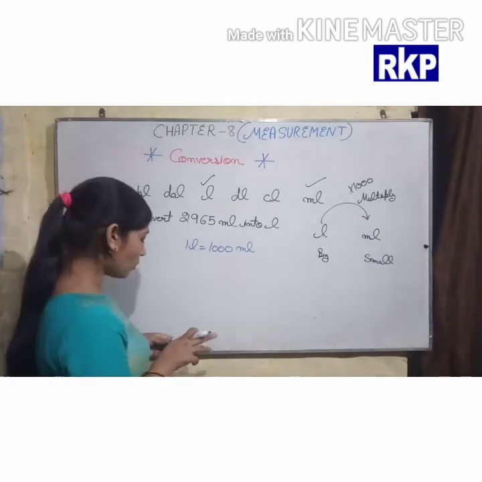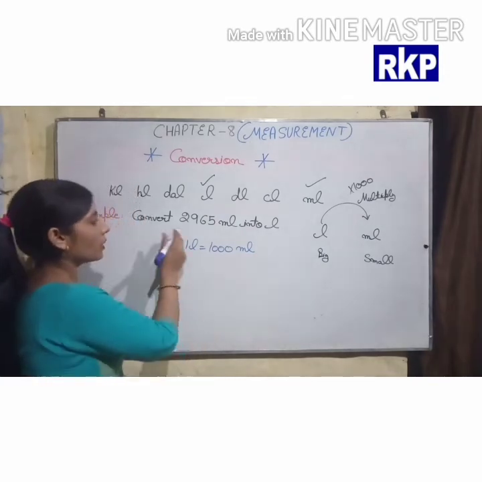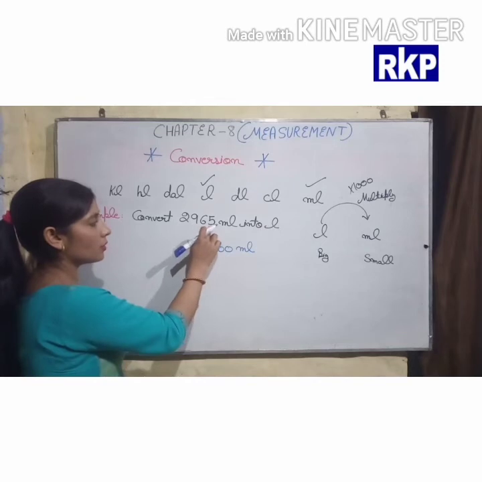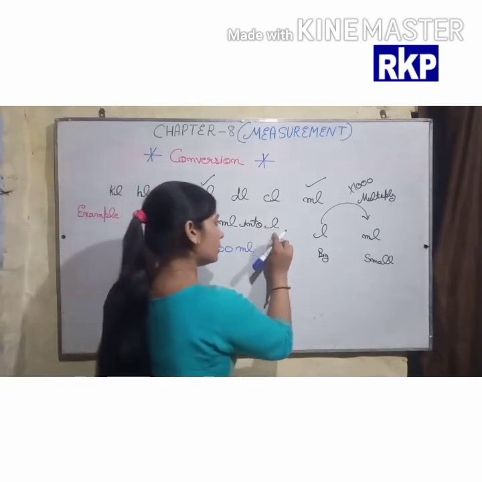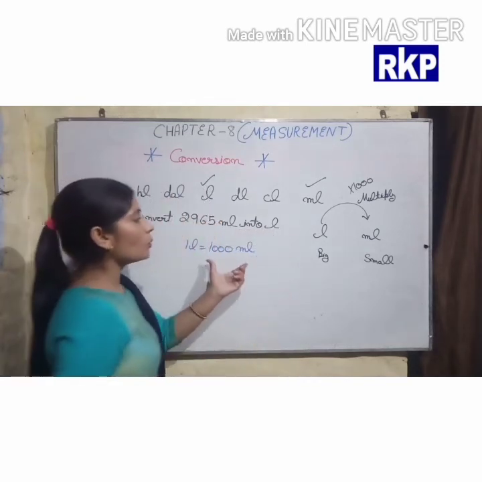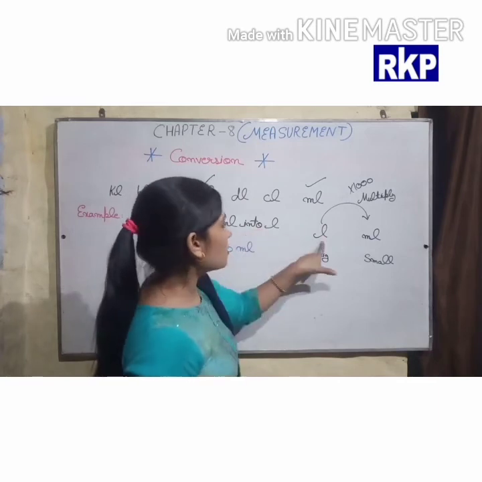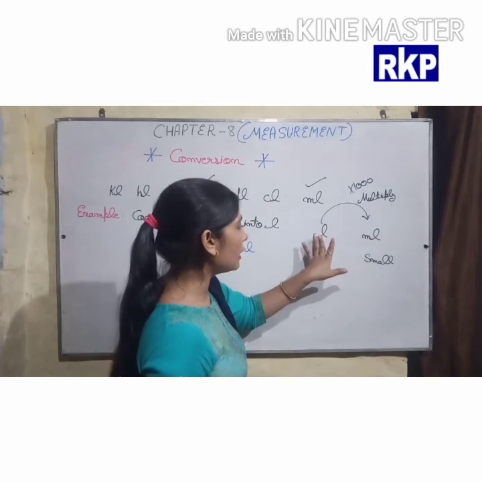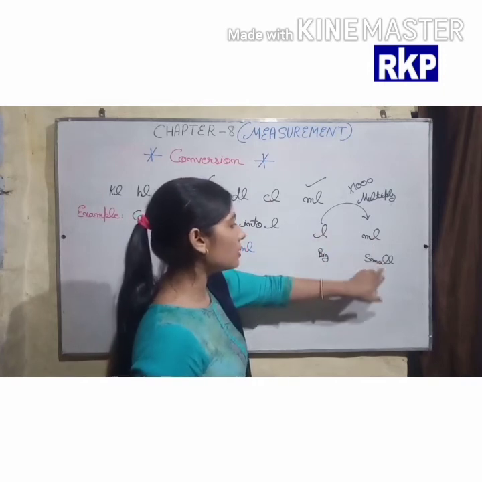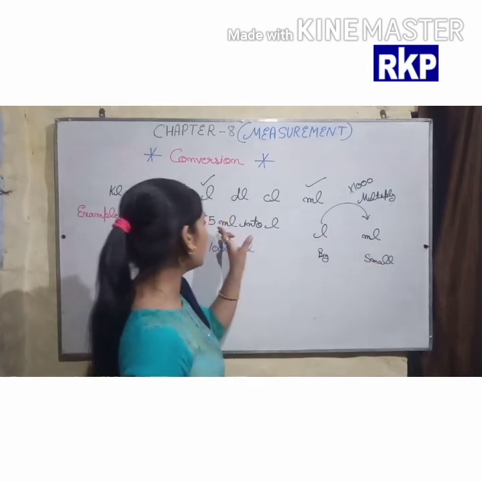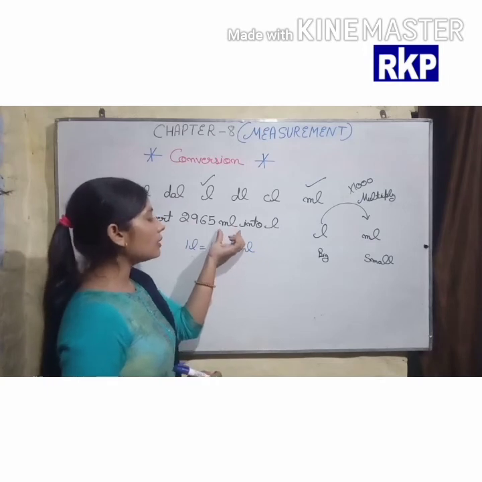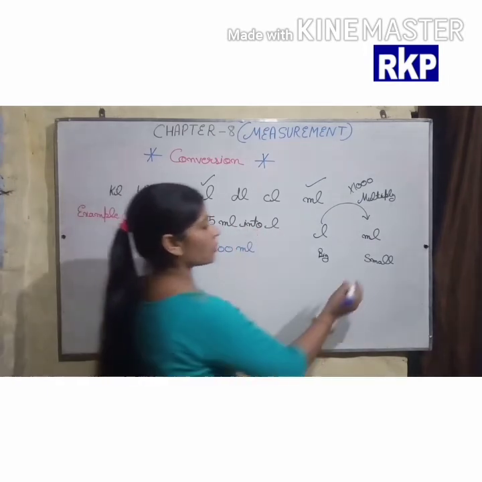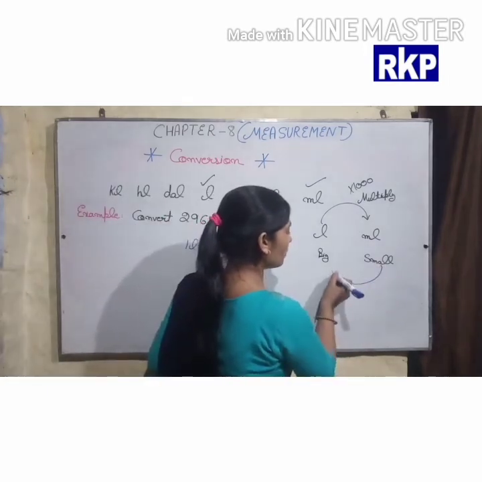Now let us see one more example. Here we have to convert 2965 milliliter into liter. Okay. So here also beta we have these two units. Okay. Liter and milliliter. Liter is bigger unit and milliliter is smaller unit. But here we have to convert milliliter into liter, means smaller unit into bigger unit.